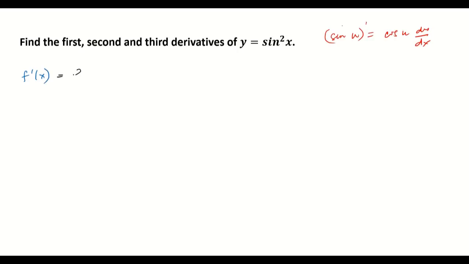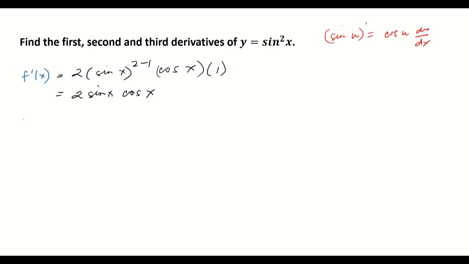So we have 2, and then let's copy sine x, and then we have 2 minus 1. And then we need to get the derivative of sine x. So the derivative of sine x is cosine x. And then times du dx, or the derivative of x is 1. So simplifying, this would be 2 sine x times cosine x.